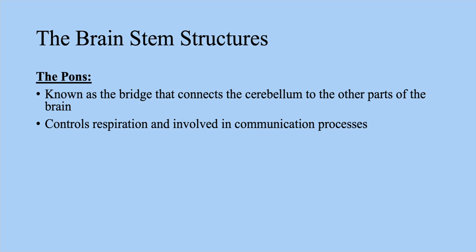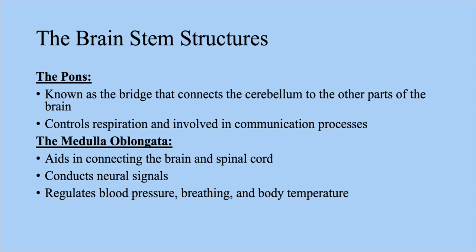It's important to realize that even though the brain has many structures, there are a lot of structures that share the same function. For example, we have a lot of parts of the brain that control respiration. It is not just the pons. Next we have the medulla oblongata. The medulla oblongata aids in connecting, again, the brain and spinal cord.